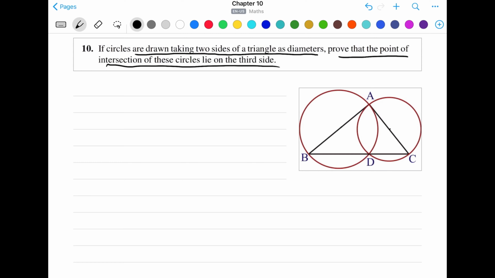So let's start answer number 10. First we'll write the given part.